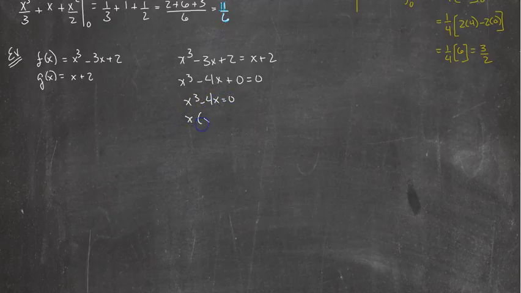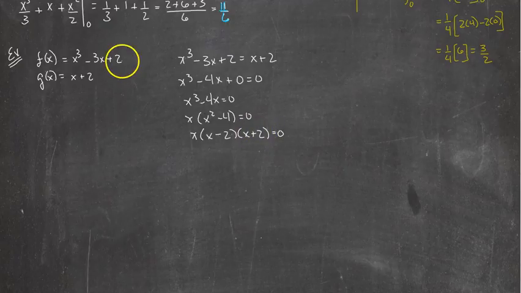Pull out an x, and I have x squared minus 4 equals 0, difference of two squares, x times x minus 2 times x plus 2. And so I know that the boundaries, or the intersections of these two functions, are at x equals 0, -2, and +2.